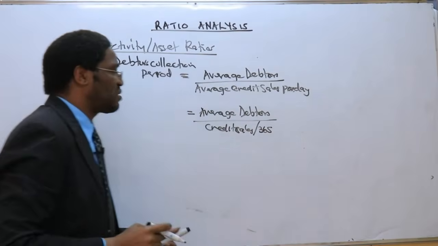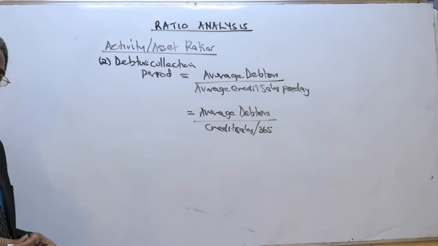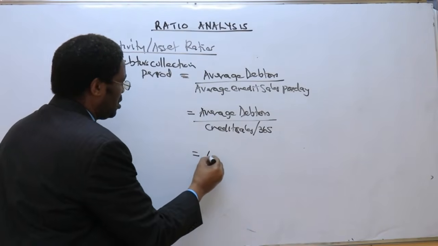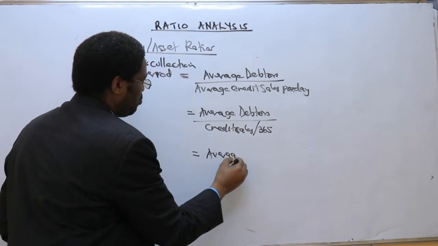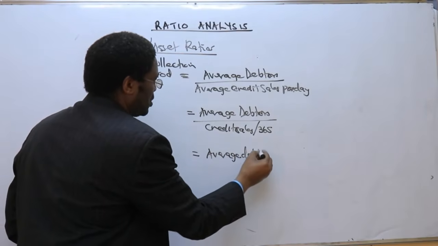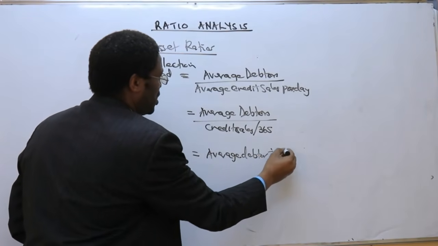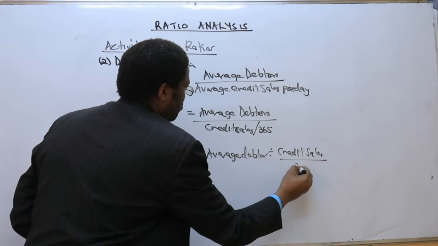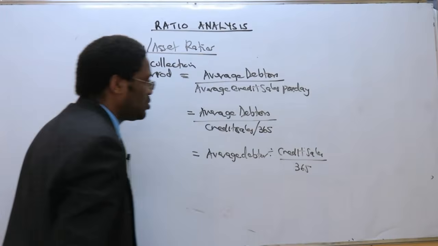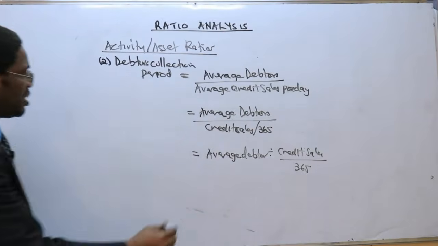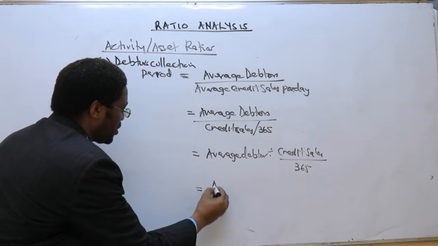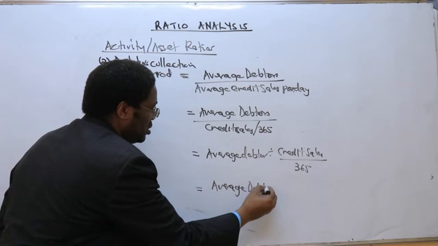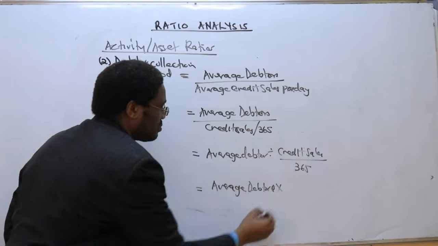So you divide that by 365. Then this can be expressed as average debtors divided by credit sales for the whole year divided by 365. Mathematically, this can be expressed as average debtors. You now multiply that by what?